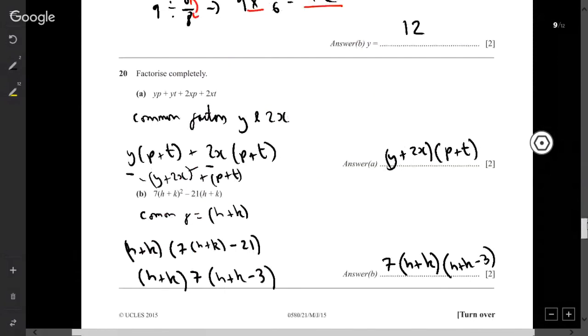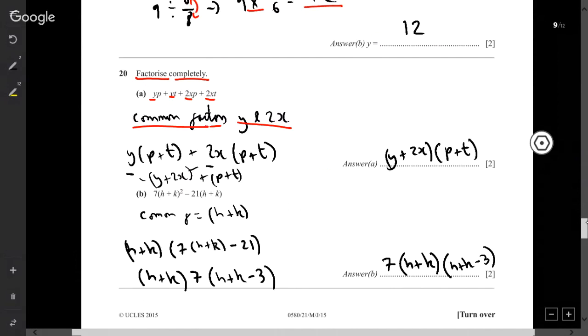Okay, question 20, factorize completely. Okay, so straight away, common factors is what we need to find. We can see there's a common factor of y. We can see there's a common factor of 2x. So we're going to take them out. So these two terms become y, and we're going to put p plus t in brackets.